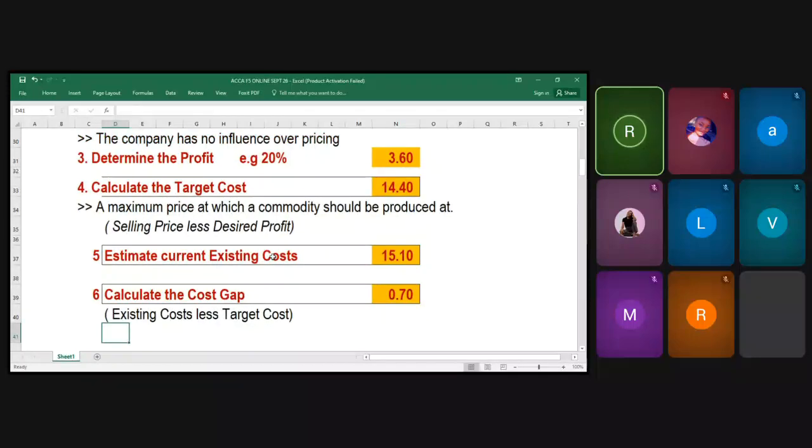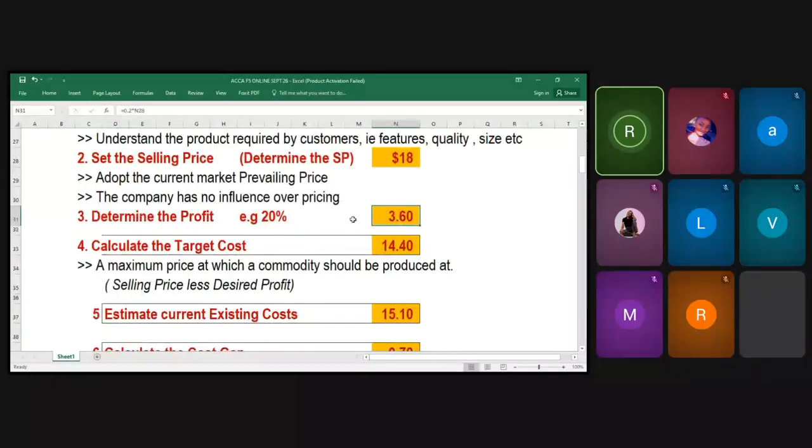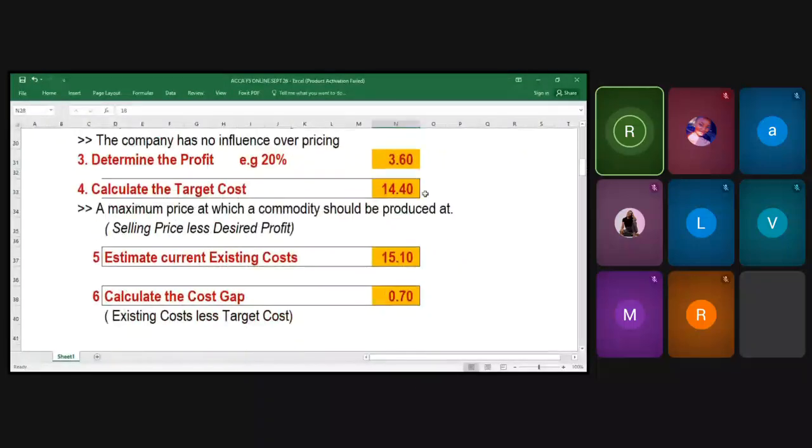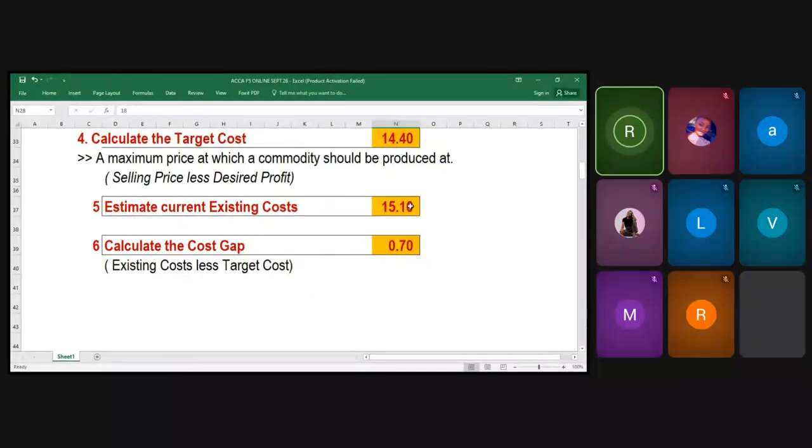Our costs are above what we are targeting. If we produce at $15.10, it's going to eat up the profit of $3.60. Why? Because we can't push up the price. The price is fixed at $18. So what do we need to do? We need to scrutinize our operations so that we push down the cost per unit to $14.40.